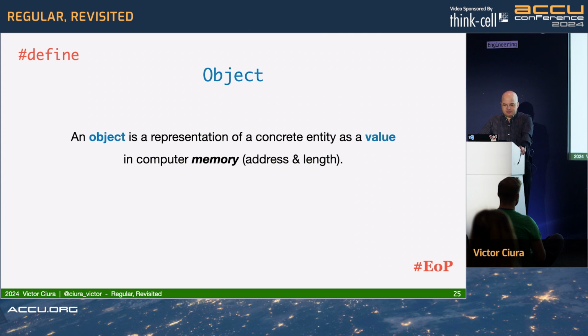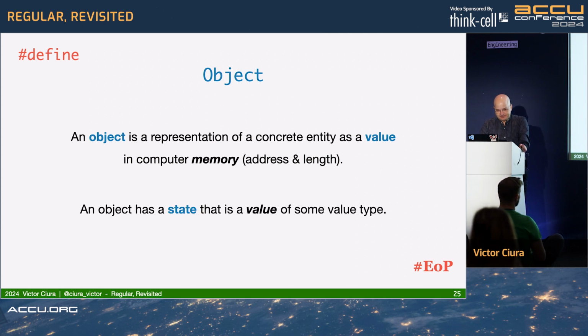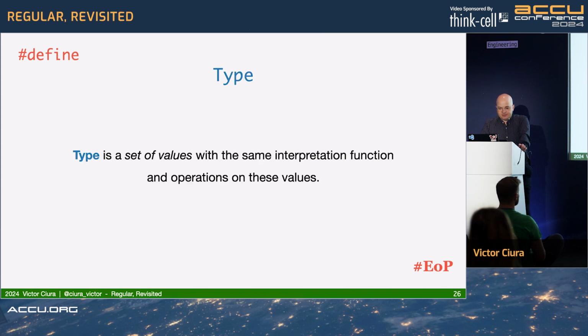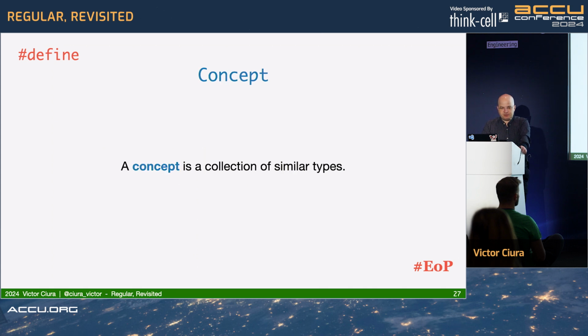That's what we call objects in the most general setting. And an object has a state, which is the value of that type at that moment. This can change. For example, we can put something other than 5 in that object. A type is a set of values with the same interpretation function and operations. And a concept groups several of these types that are related in some way.